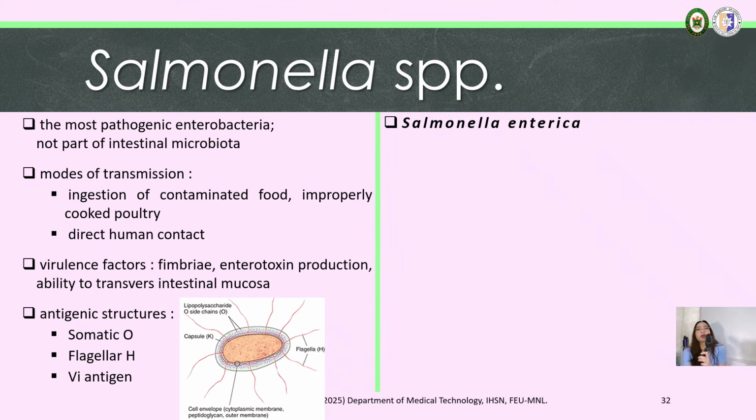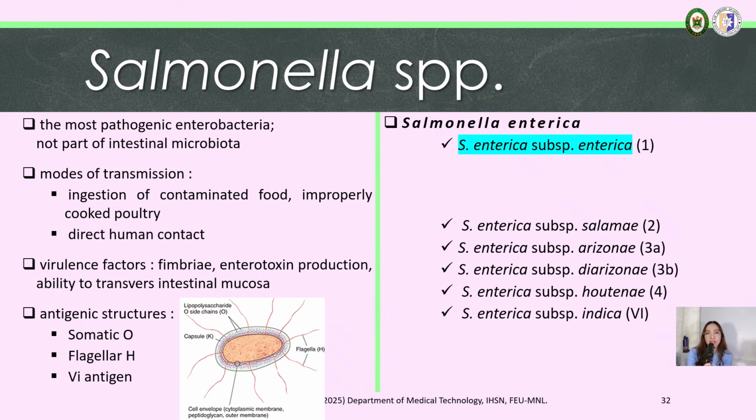Okay, currently, based on their DNA homology and sequencing, the genus Salmonella is composed only of two species. So, first is Salmonella enterica, and under that are six subspecies.